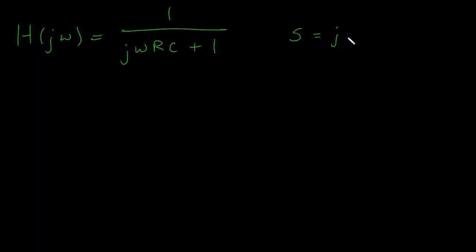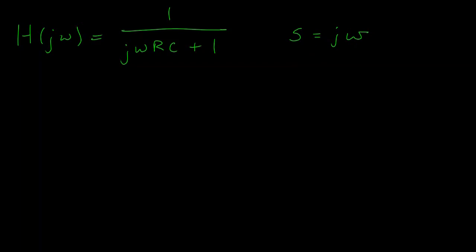But just to summarize, for the simple RC low-pass filter, we had H of j omega is 1 divided by j omega RC plus 1. What we're headed toward for our transfer function representation is a variable substitution. We're going to say that S equals j omega.